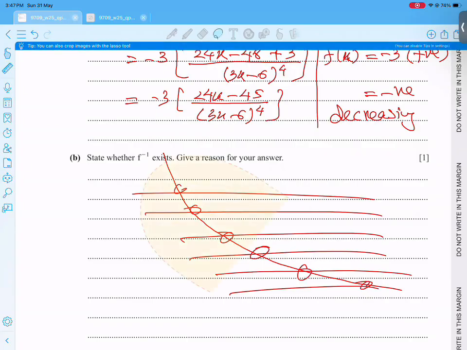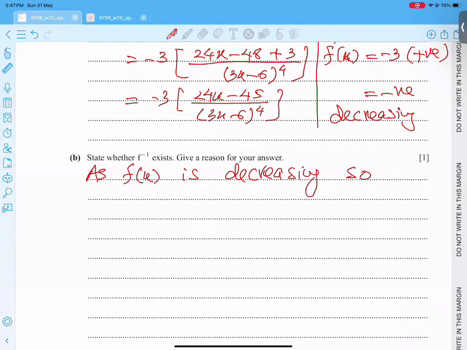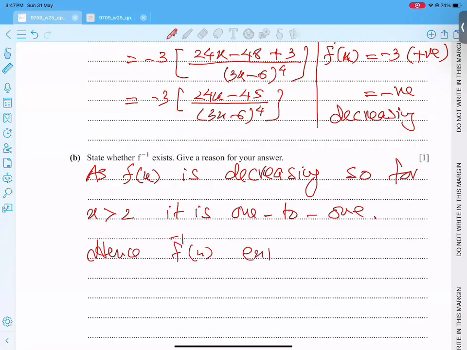So you can say that as f of x is decreasing, for x more than 2, it is a one-to-one function. Hence f inverse exists. I hope the point is very clear.